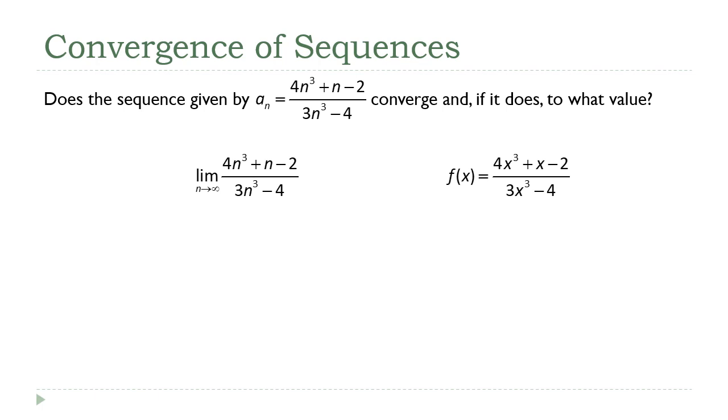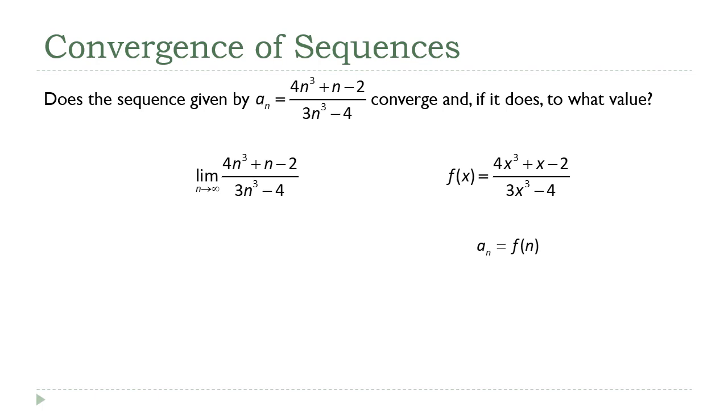So what I'm going to say is, look, if I define a function f of x equal to 4x cubed plus x minus 2 over 3x cubed minus 4, then if I evaluate this at n, that gives me the nth term of the sequence.